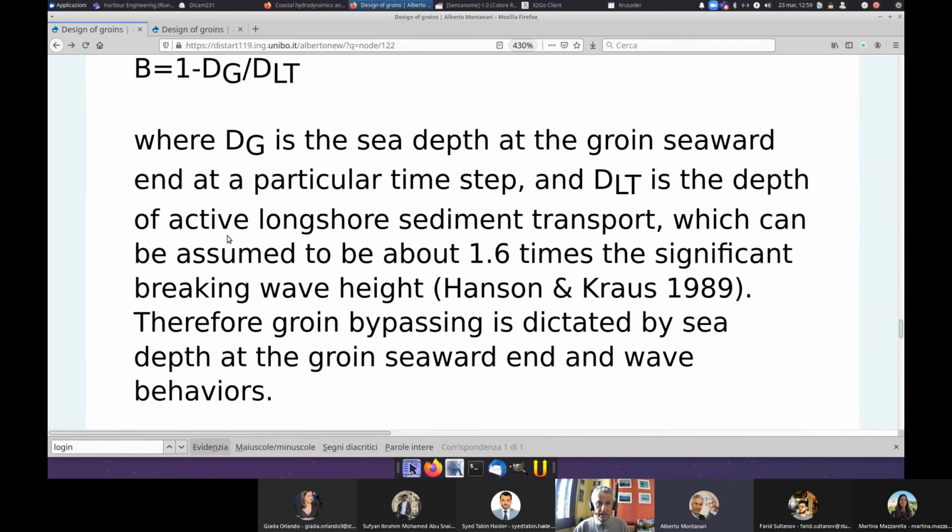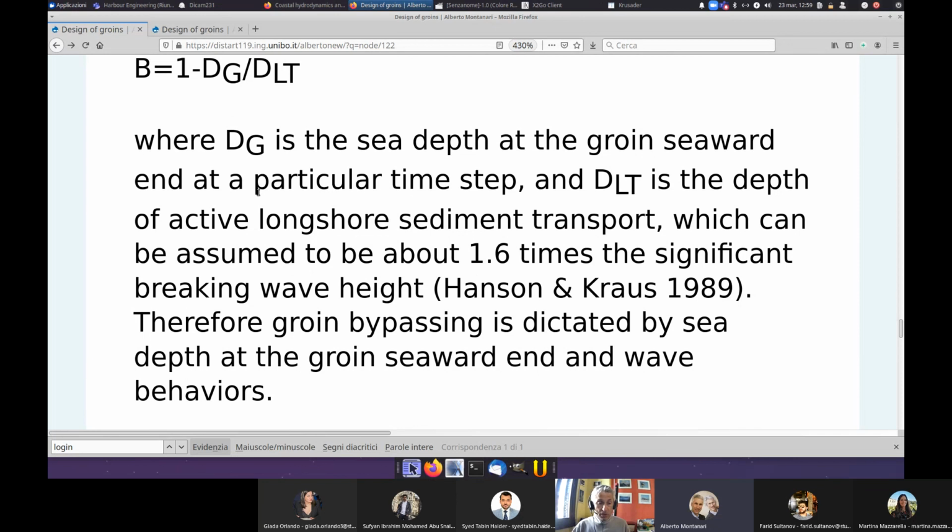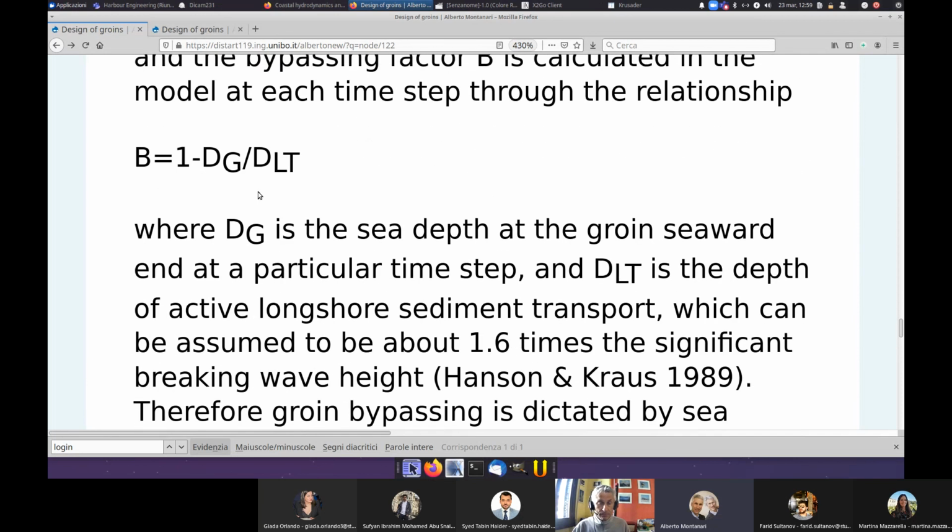And DLT is the depth of active longshore sediment transport, which can be assumed to be about 1.6 times the significant breaking wave height. So you see that the larger the sea depth, DG, the lower the bypassing factor. Which is quite intuitive.